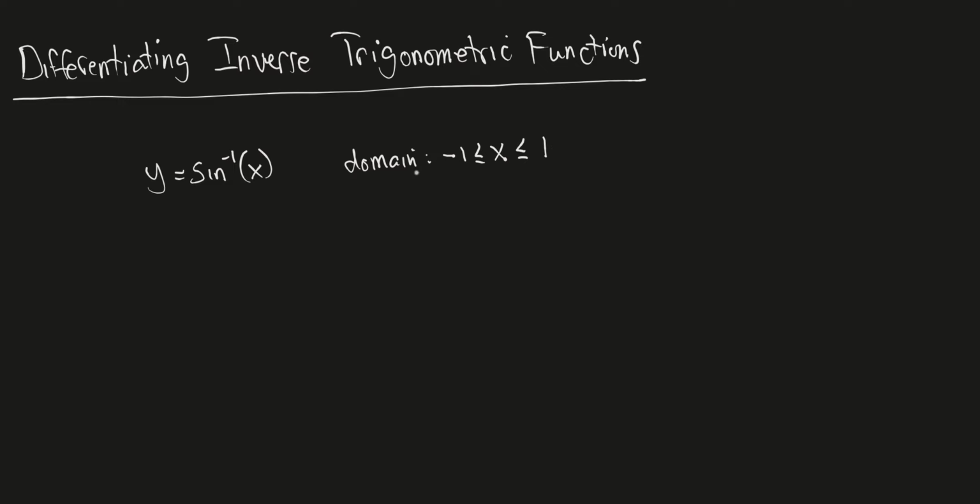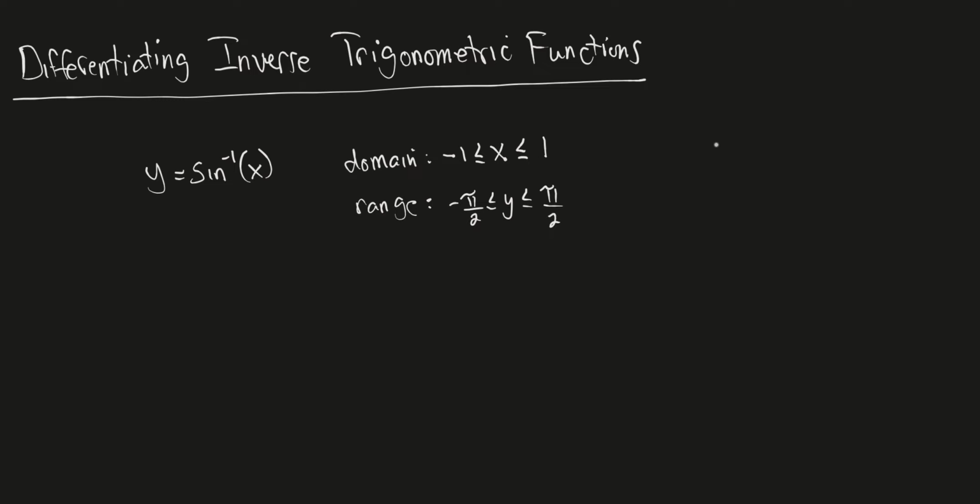So the domain of arcsine is all values of x between and including plus or minus 1, and the range, so what values of y can be obtained by evaluating this function at these values of x? Well, you end up getting values between negative pi over 2 and positive pi over 2, right?